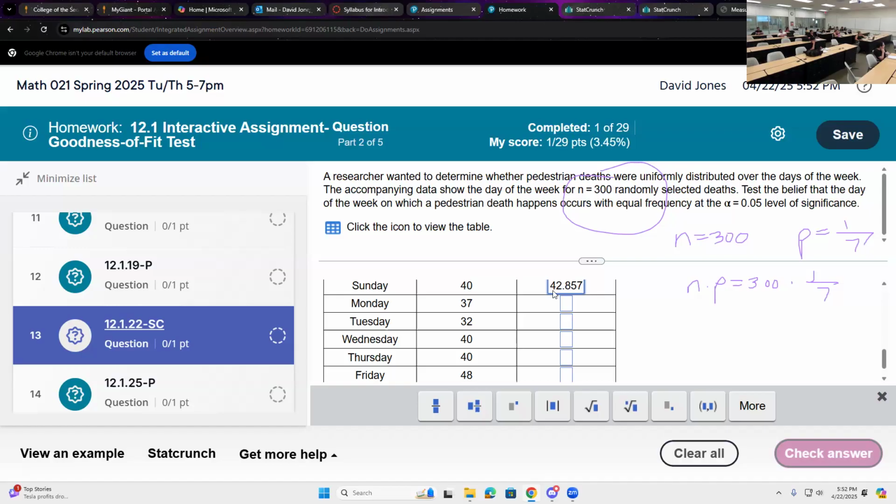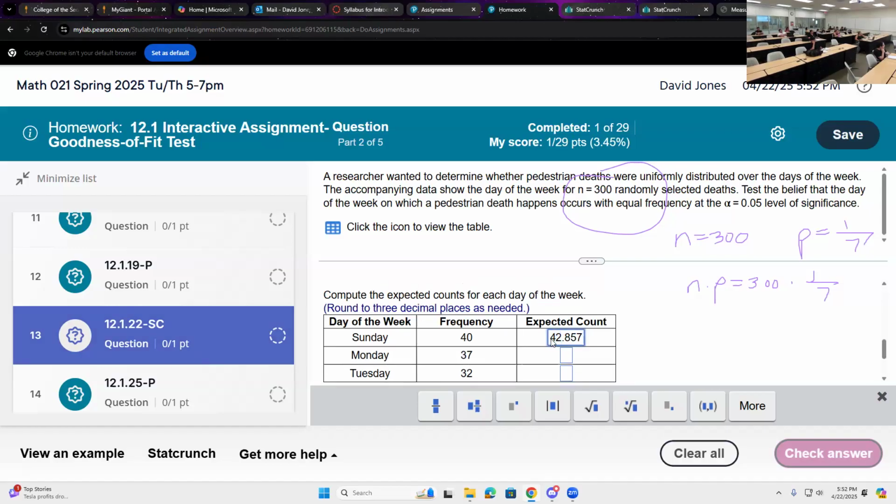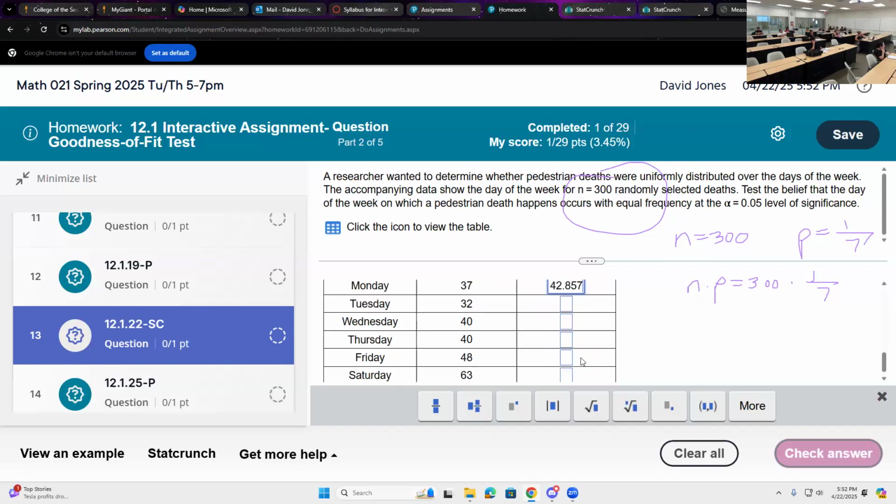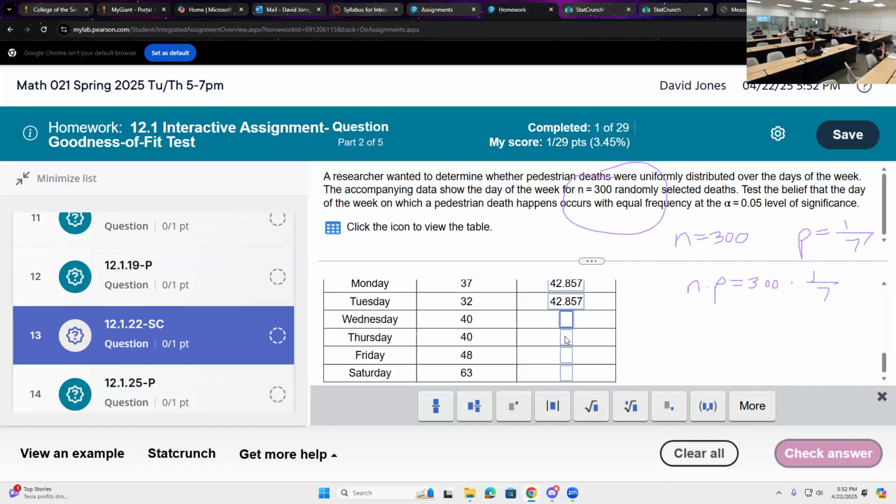If I can copy and paste. I can. Excellent.